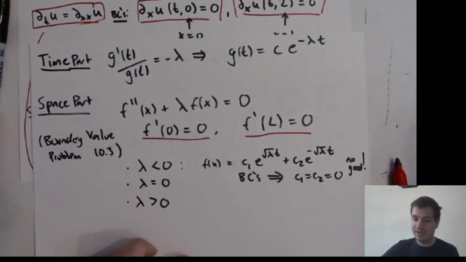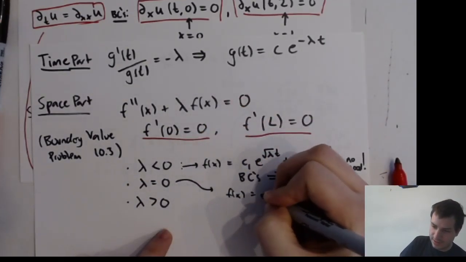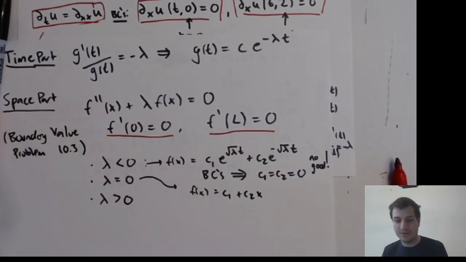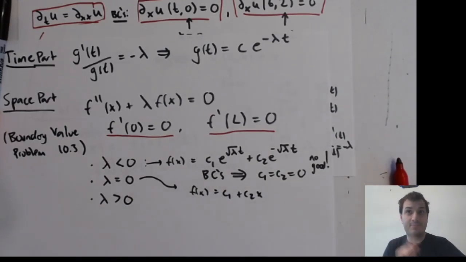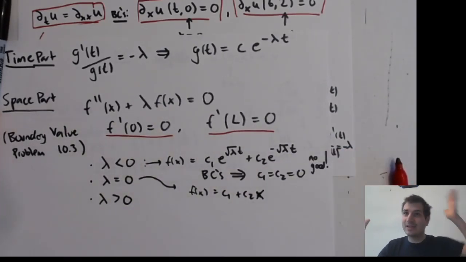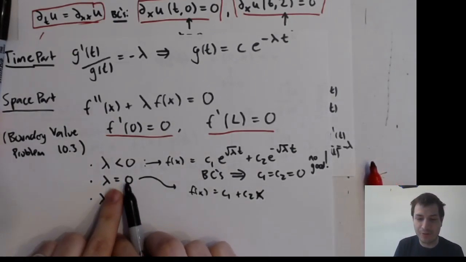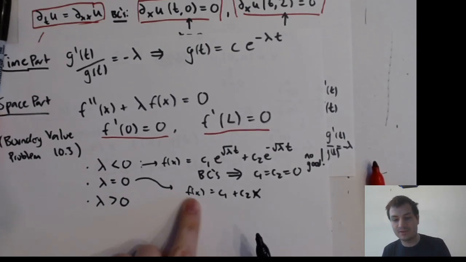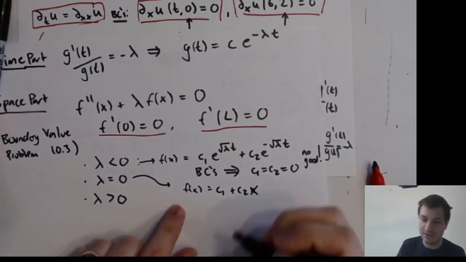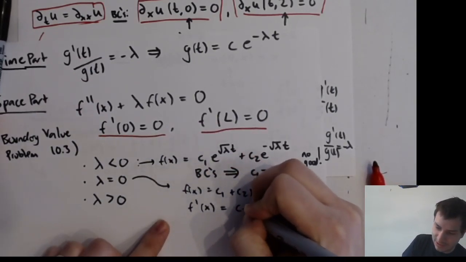So that's kind of similar to last time. Lambda equals 0 is the same kind of thing. You get f of x equals c1 plus c2x, and the derivatives are 0. Here's something interesting. I was about to say lambda can't be 0, but let's plug it in carefully. The conditions are about the derivative, so the derivative is c2.